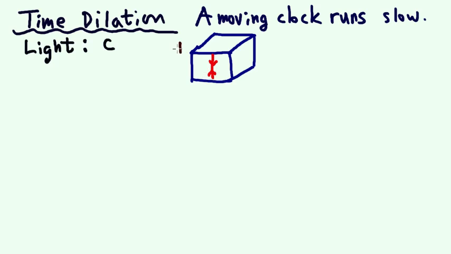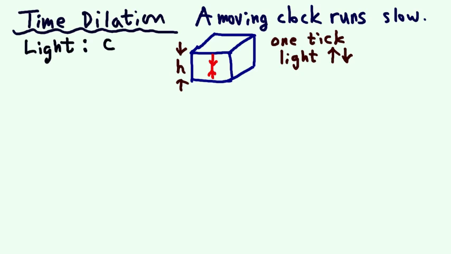So let's say that this box has height which is given by h, and let's assume that that's a small number, and when the light goes up and down, we call that one tick. Light goes up and down. Okay, so that round trip event is what we would call one tick. And the question is, how much time does it take?